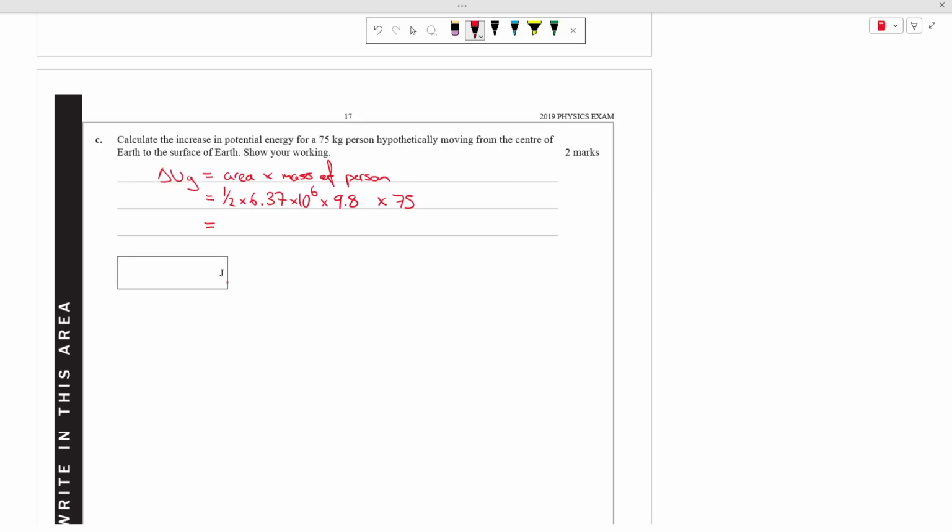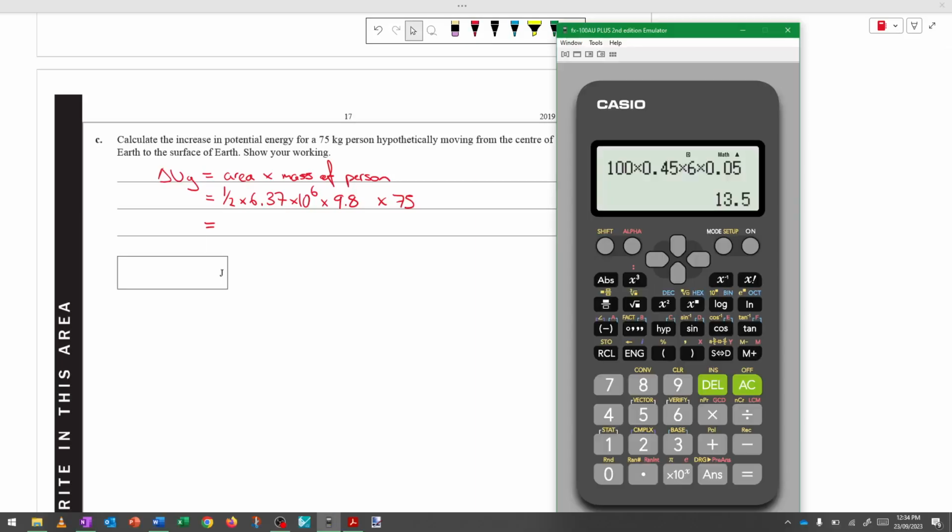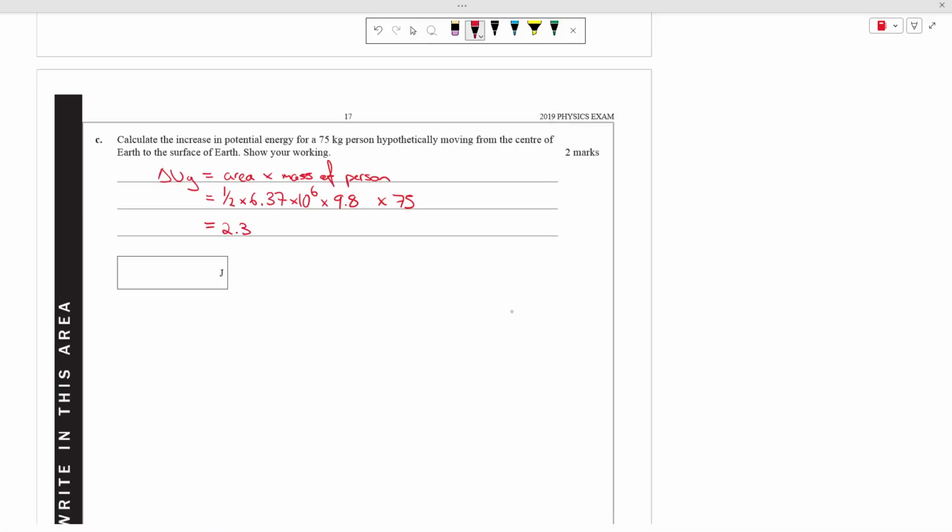So multiplying all that together, half times 6.37 times 10 to the 6 times 9.8 times 75. Big number, let's put in scientific, so 2.34, just go to 2.3 times 10 to the 9. And there we go.